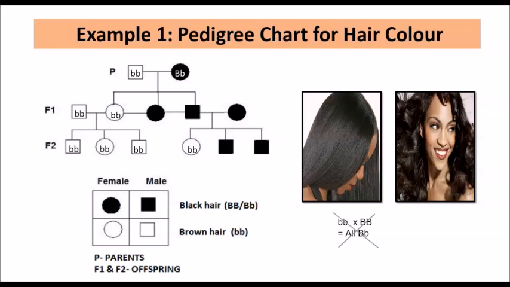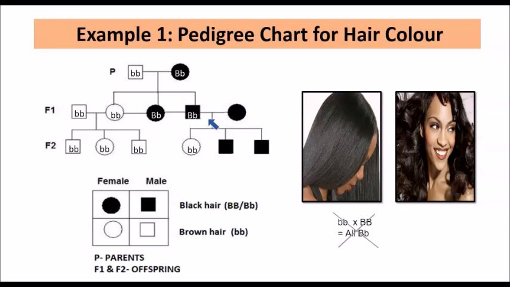So both children there that are black haired have to be heterozygous. So this is basically saying that each of these children would have obtained an allele from the father and the mother. So the dominant allele comes from the mother and the recessive allele would have come from the father. So that would be the case in both the black-haired daughter and the black-haired son.